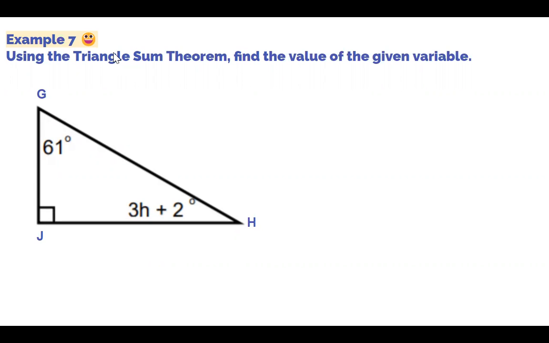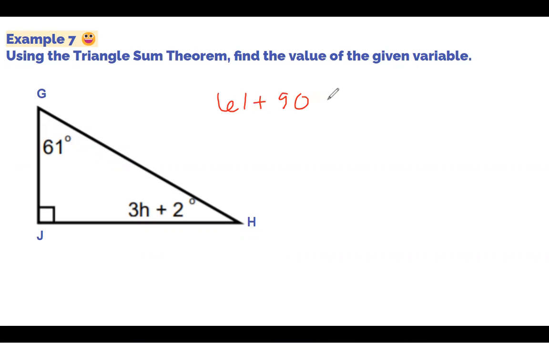Okay, let's see who's going to be my helper for this one. So how do we set up our equation, Carol? 61 plus 90 plus 3H plus 2. And it's all equal to 180 degrees.